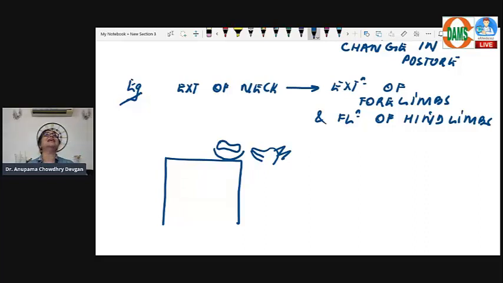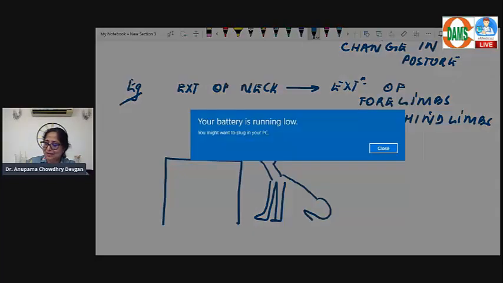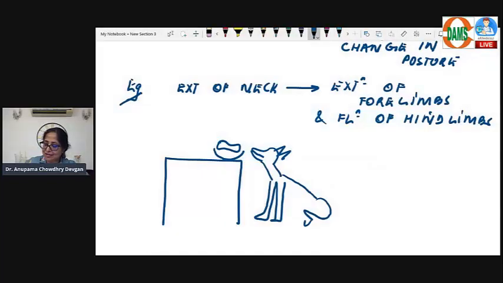His neck is extended, right? So what happens when his neck is extended? His forelimbs are extended, the front pair is extended, and the back pair is flexed.